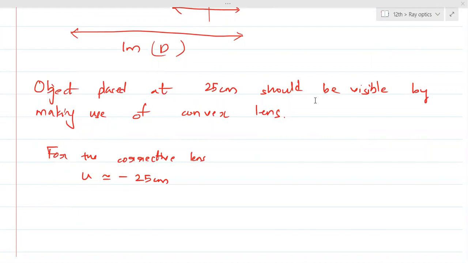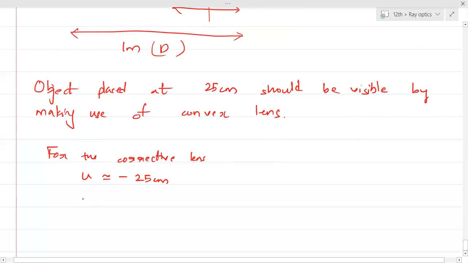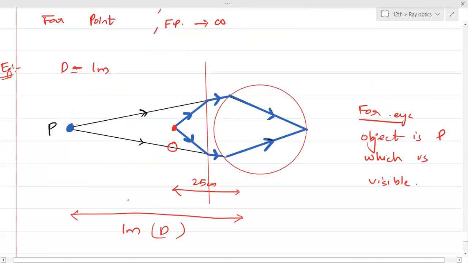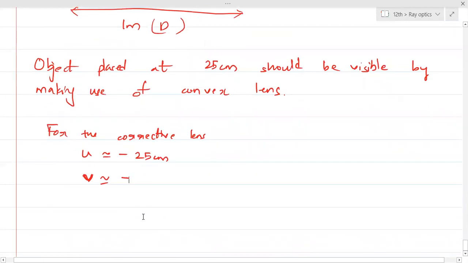Now why 25 centimeter? Because the lens will be placed close to the eye, so the distances from the eye and from O to the lens are the same. Now what will the image distance be for the lens? It will almost be equal to minus 1 meter, which is minus 100 centimeter.